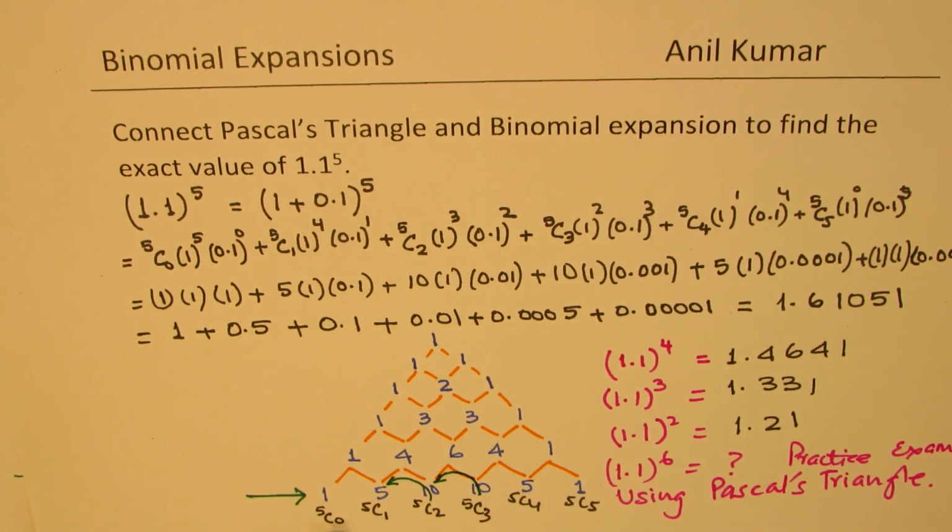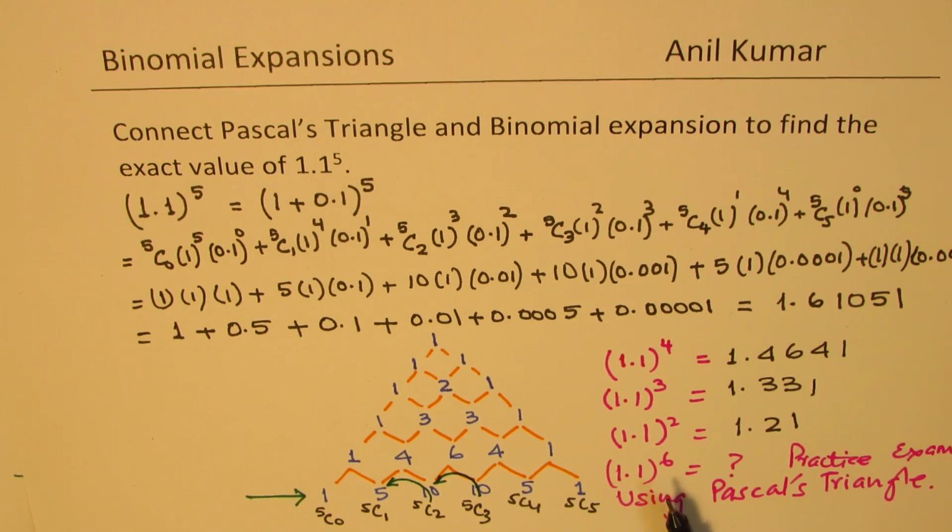So you have to add one more row here. Use those coefficients to write down your answer immediately. That should help you in many multiple choice questions, correct? This is a very good trick which can be applied in multiple choice questions to get immediate solutions. I hope you understand and appreciate it.